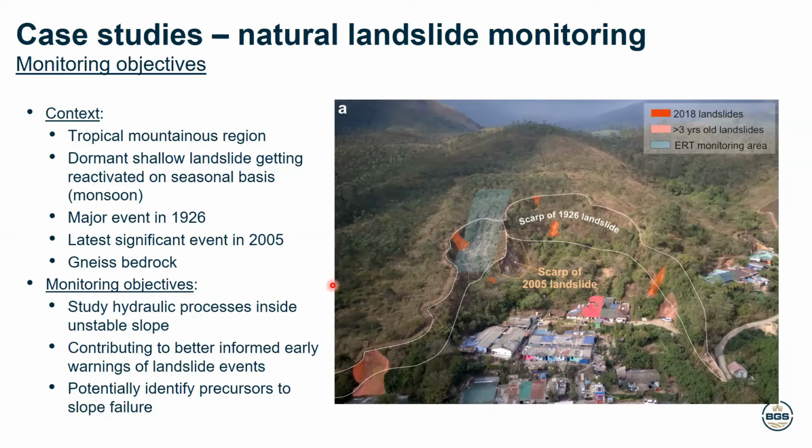So the moisture is the main driver of slope failure here, and directly threatens a community living at the bottom of the slope. So the monitoring objective in this case was to study the hydraulic processes inside the slope to be able to delineate or better inform early warning systems already operational, but we were hoping to be able to better understand and to try and inform landslide modeling initiatives.